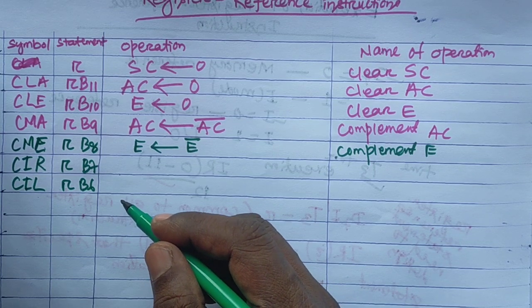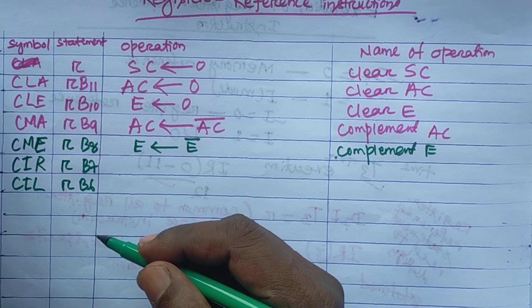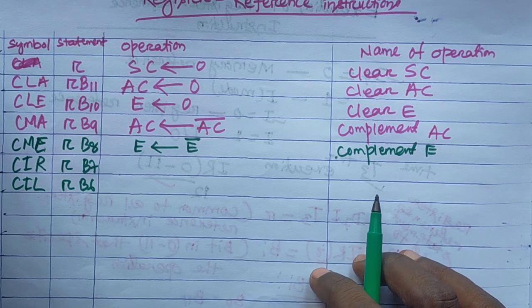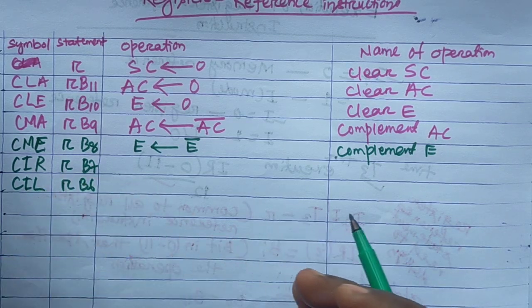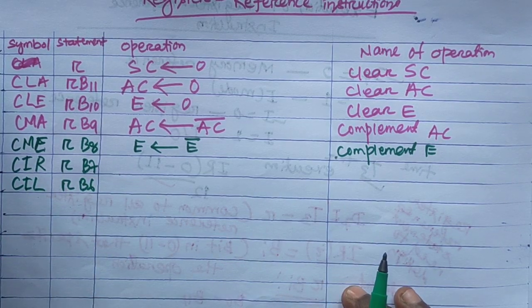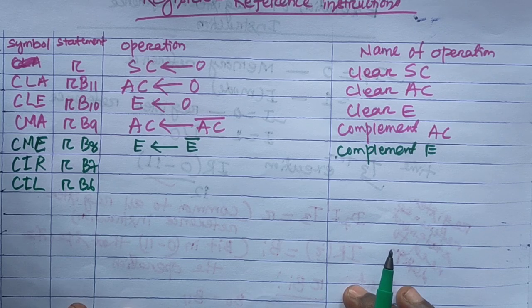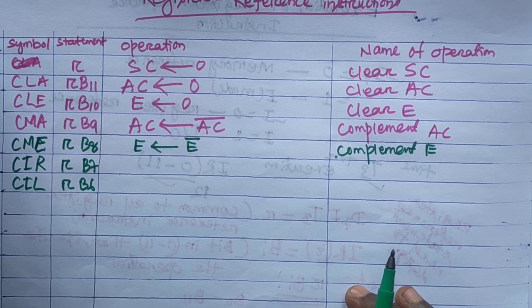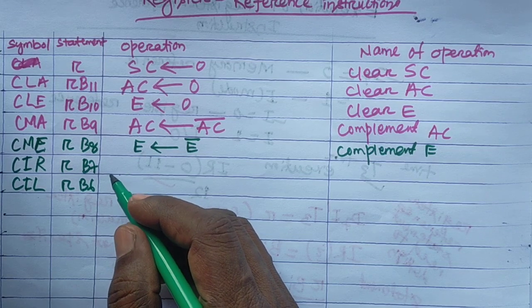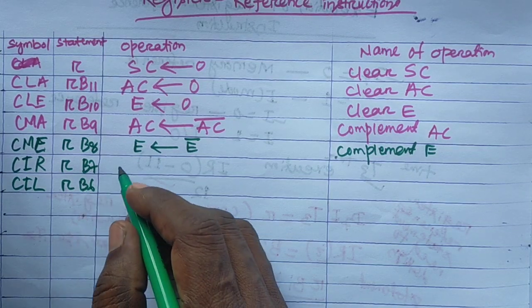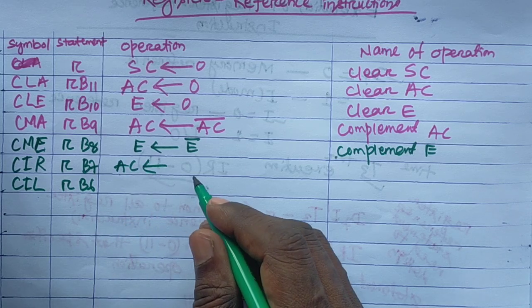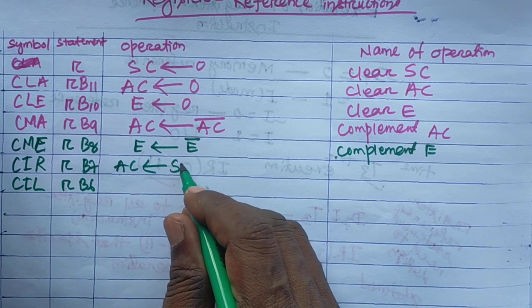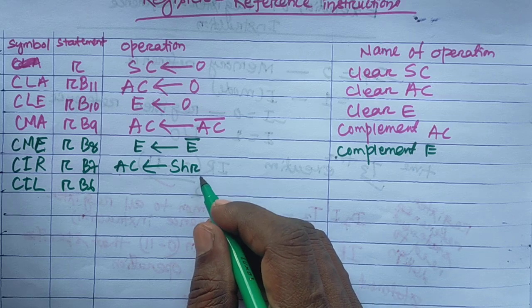Whether right or left, it is actually a circular right or circular left. It is a shift operation we can consider, shift right, shift left. This is the basic concept: circulate right and circulate left actually use a circular shift. If we go through B7, then what do you write? Circular shift, SHR SC.